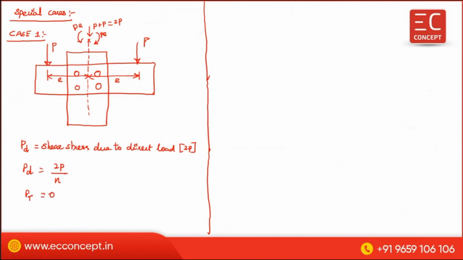Why 0? Since there is no moment. These two are getting neutralized. Therefore, what is PR? PR is equal to the square root of PD square plus PT square plus 2 PD PT cos theta. PT is 0, and this term is also 0. So PR is equal to PD.